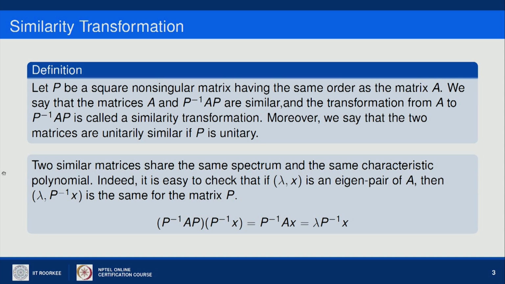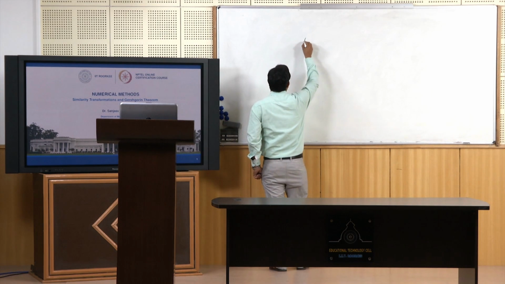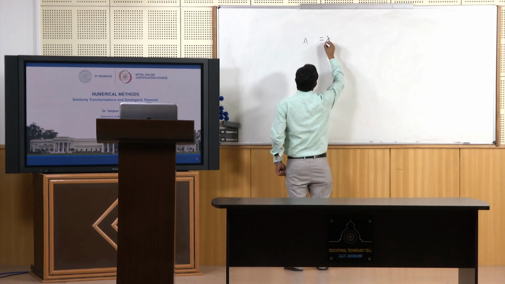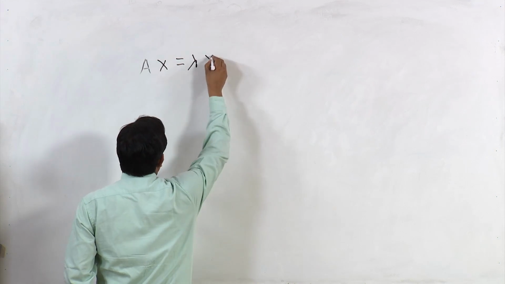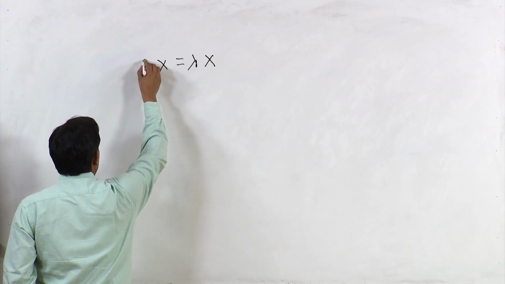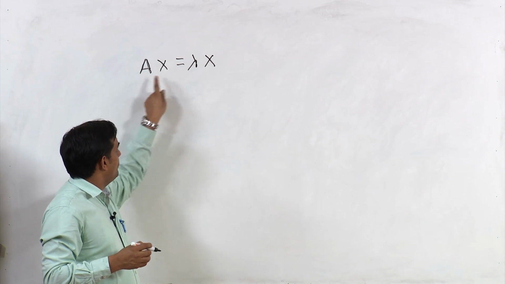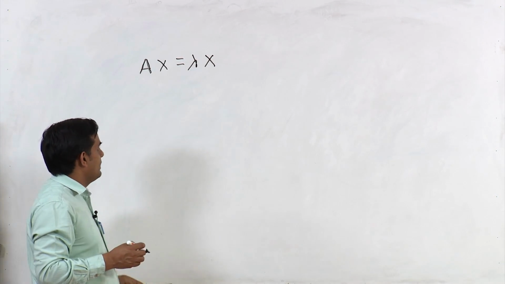Two similar matrices share the same spectrum, meaning they contain the same eigenvalues. We can prove it very easily. Let us say I have a matrix A having eigenvalue lambda and eigenvector x. I write A x equals lambda x, which means x is an eigenvector of A and lambda is an eigenvalue.